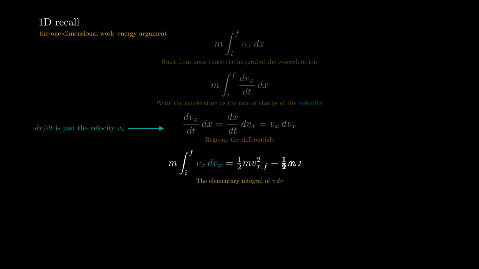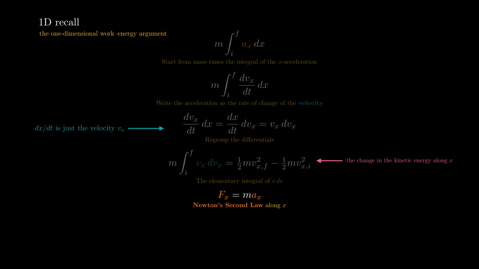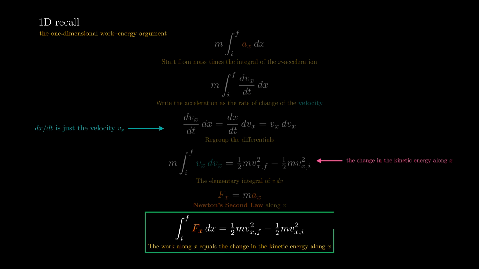The integral becomes m times the integral of v sub x dv sub x, which evaluates to 1/2 m times the final x velocity squared minus 1/2 m times the initial x velocity squared. Newton's second law, F sub x equals ma sub x, turns the left-hand side into the work along x. The integral of F sub x dx equals the change in 1/2 mv sub x squared.